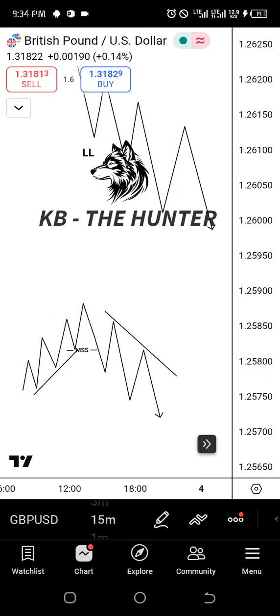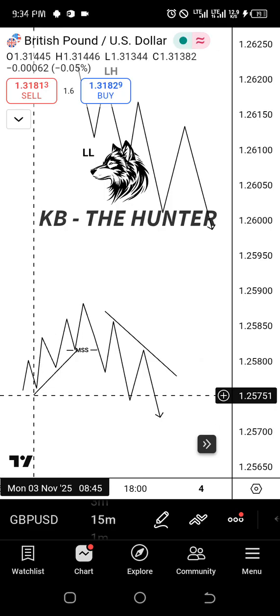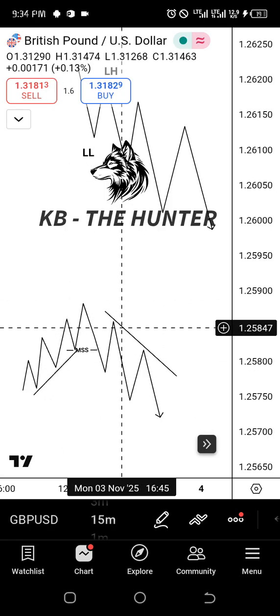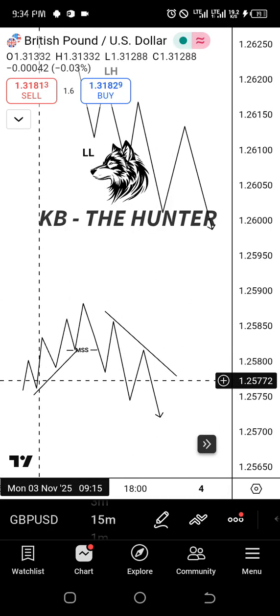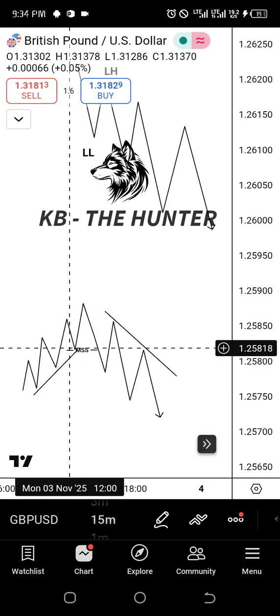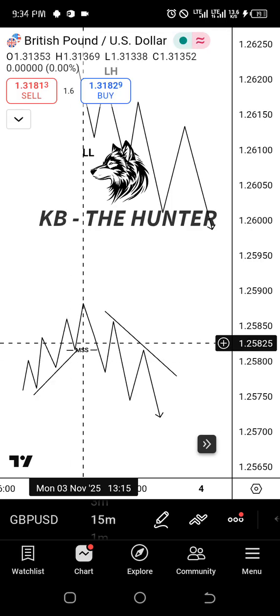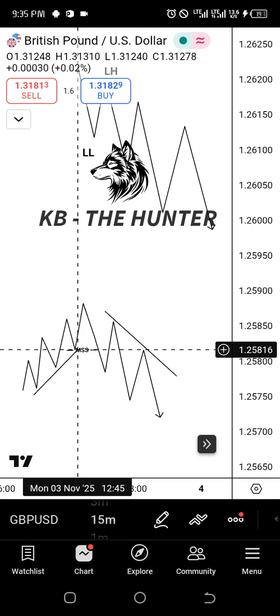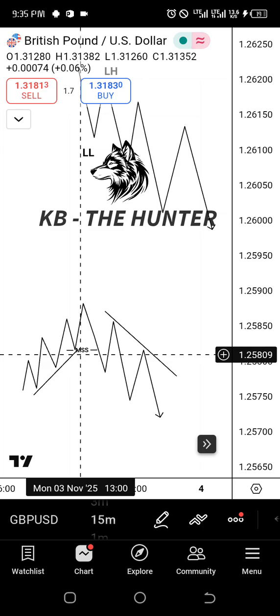The market was going up, then the market started going down. So we call this a change of character. The reaction that causes the opposite trend to start is called MSS or CHoCH, known as change of character or market structure shift.